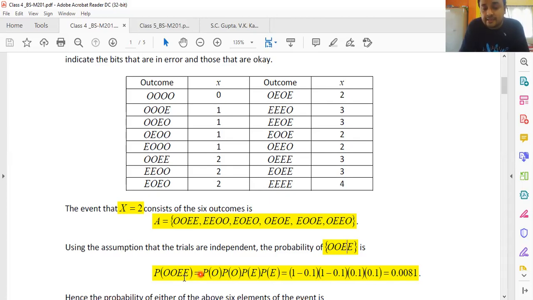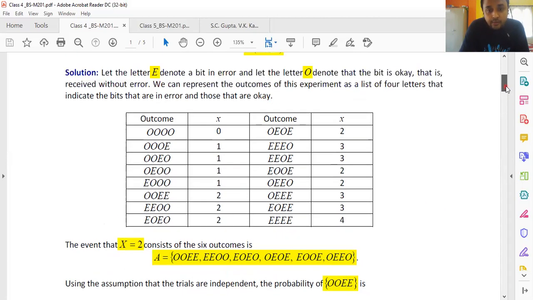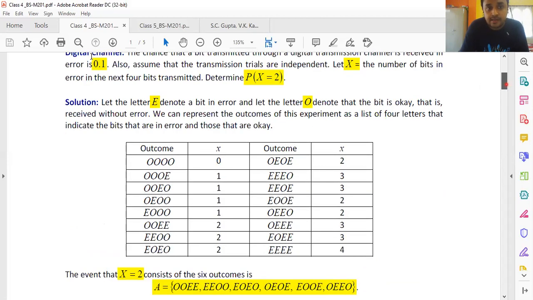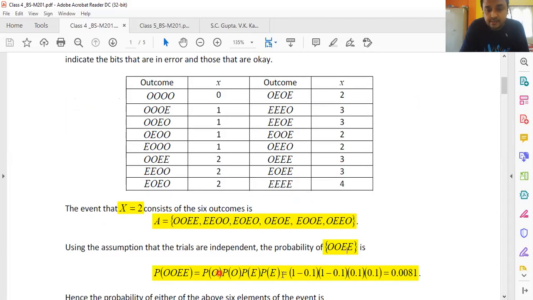So I can write this as probability of O into probability of O into probability of E into probability of E. And the probability with which an error bit is received is given to be 0.1, and therefore for the first 2 cases it is written as 1 minus 0.1, and for the last 2 cases it is written as 0.1. If I multiply, we get 0.0081.